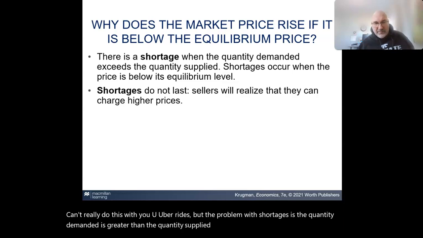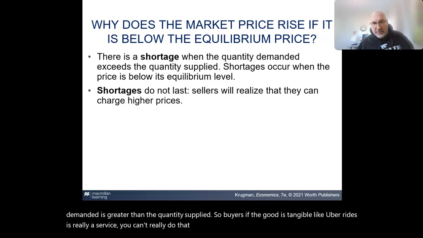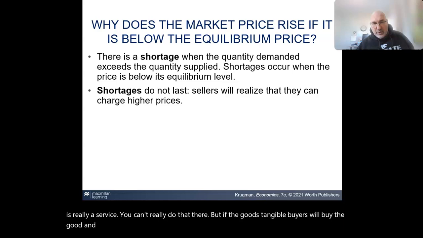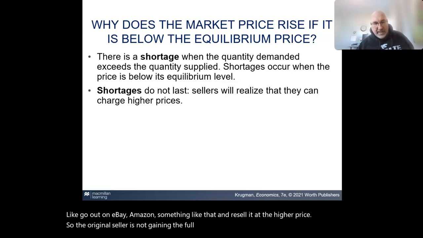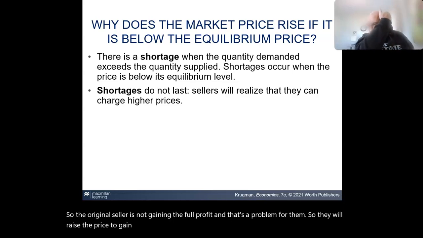If the good is tangible, unlike Uber rides, which is really a service, buyers will buy the good and then resell it on another site, like eBay or Amazon, at the higher price. So the original seller is not gaining the full profit, and that's a problem for them. So they will raise the price to gain more of that whole surplus.